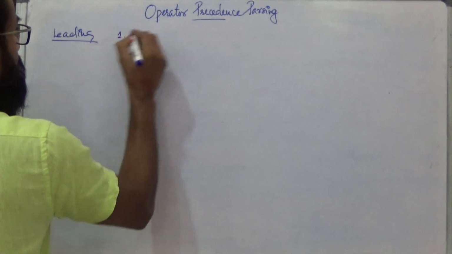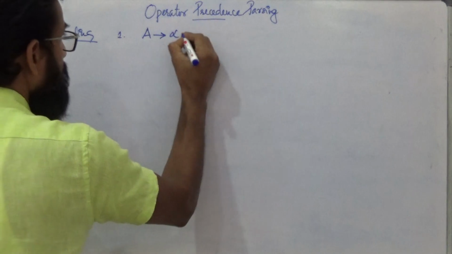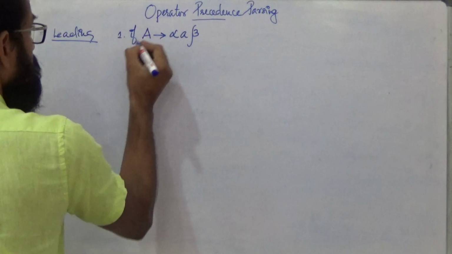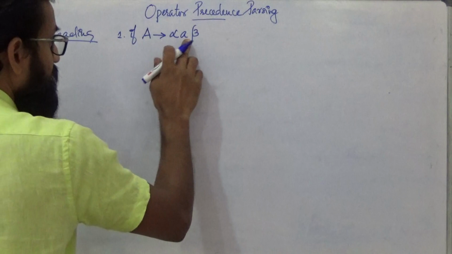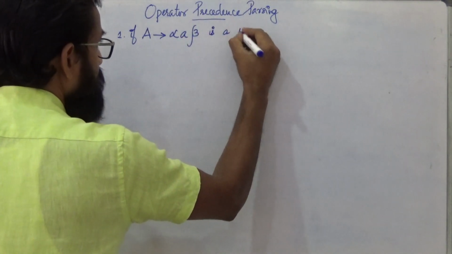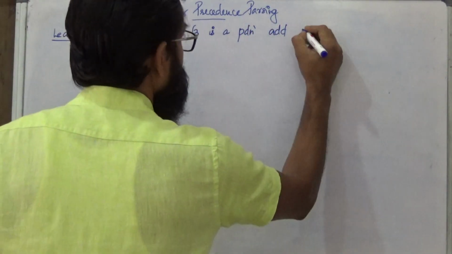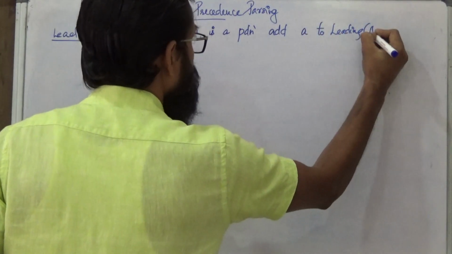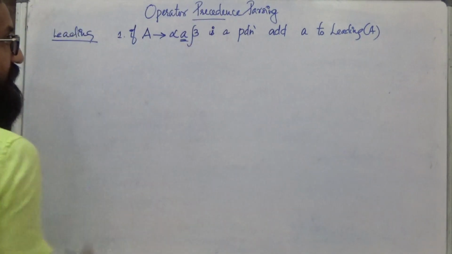The first rule is, if A giving alpha a beta is a production, then you can add a to leading of A. So if you are having production A giving alpha a beta, add this a to leading of A.